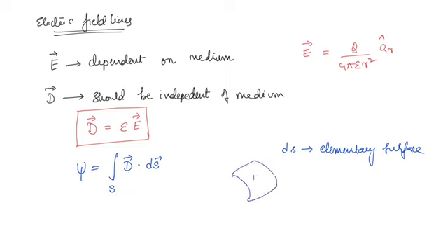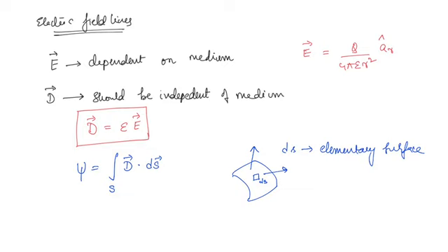If you take an elementary area, that is going to be ds, and this is everywhere. The normal is also going to be different. So here normal may be in this direction, normal may be in this direction. So the normal direction will also vary. So we write the flux as integral d bar dot ds.